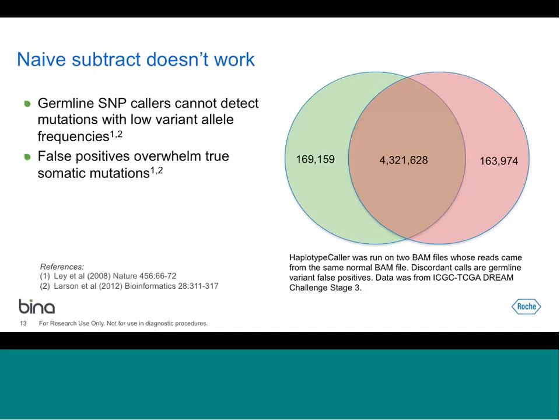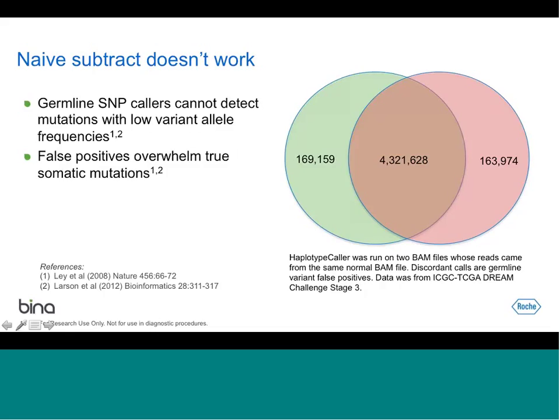Another issue is that germline variants outnumber somatic mutations by orders of magnitude. So this figure here is a little experiment we did with the DREAM Challenge data. In this experiment, we have basically masked all the somatic mutations. So the only thing you have in those two files, one tumor, one normal, should really be identical. If your caller is perfect, then they should have identical genotyping results for each one of them. The result is that they are, in fact, very close.